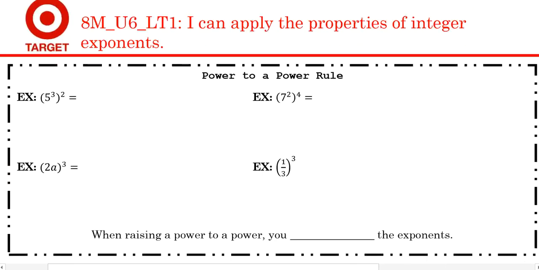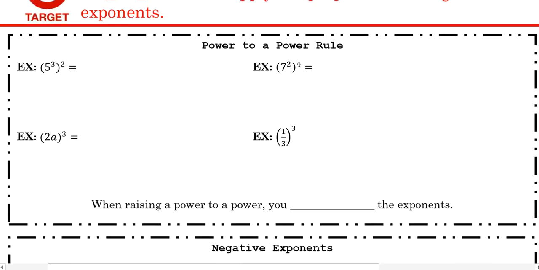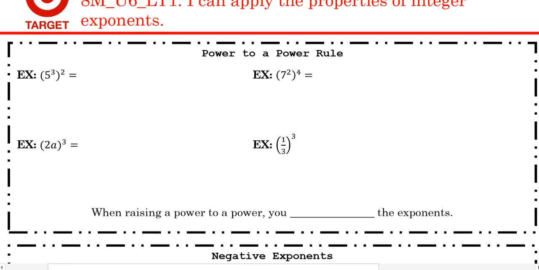Moving on, we sometimes have values that are raised to a power, so they already have an exponent, and that exponent is then going to be raised to a higher power. So if we look at our first example, we have 5 cubed, and then that 5 cubed expression is squared. So that would look like 5 cubed times itself twice.